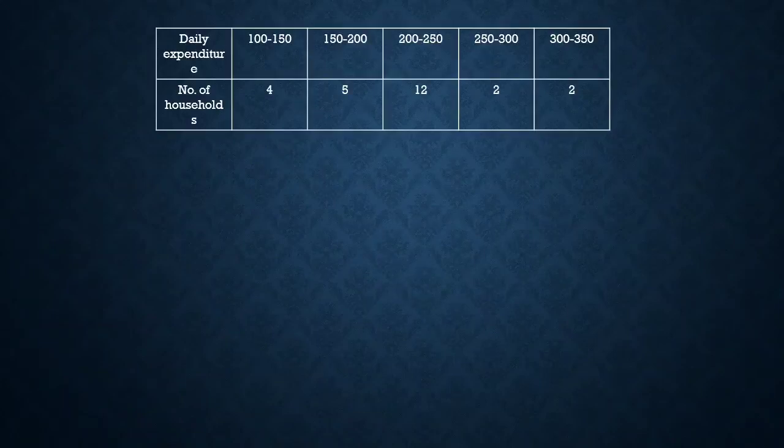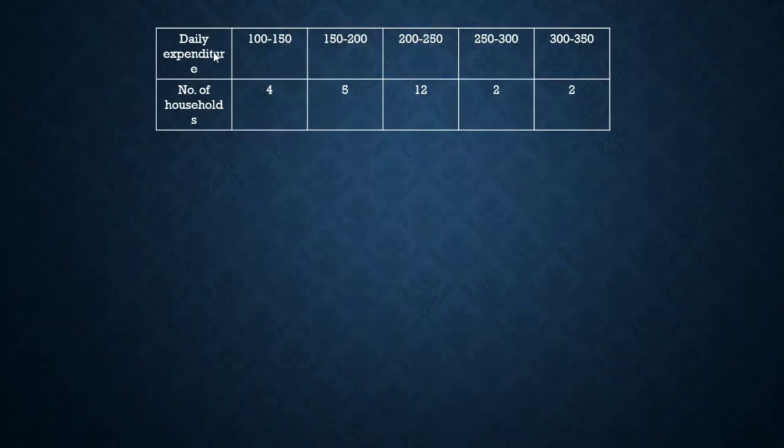So in the next question, that is the sixth question, the table shows the daily expenditure on food of 25 households in a locality. Find the mean daily expenditure on food.